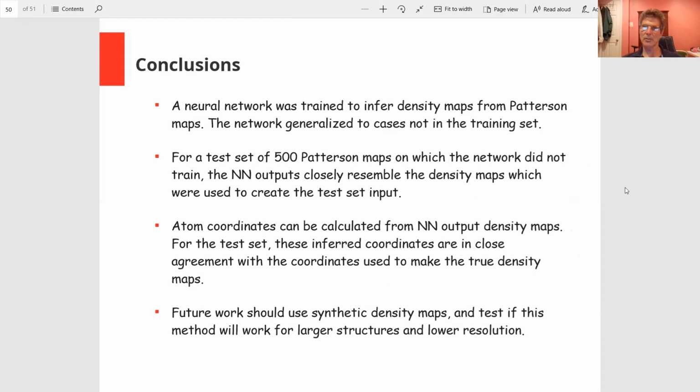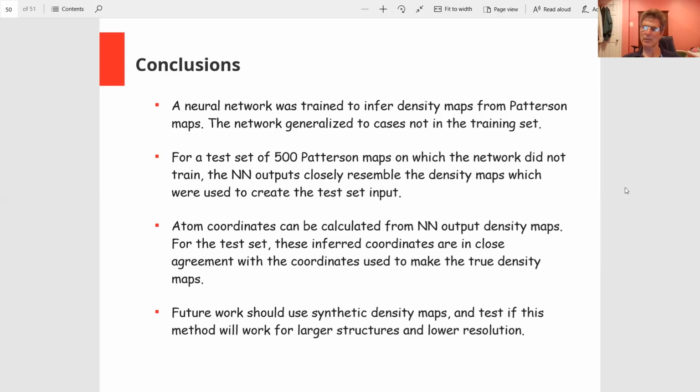For a test set of 500 Patterson maps on which the network did not train, the neural network outputs closely resemble the density maps which were used to create the test set inputs. So I looked at many of those 500 visually, and every one that I looked at was strikingly similar. And then I did that comparison to look at how closely the atom positions matched up, and that was quite good as well.